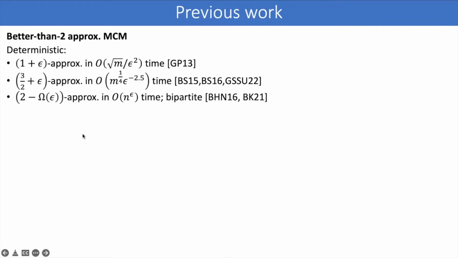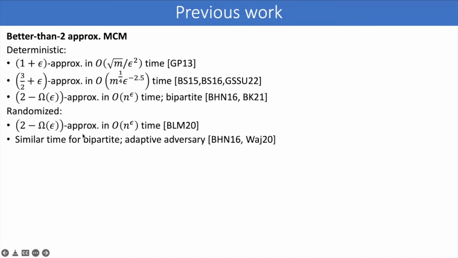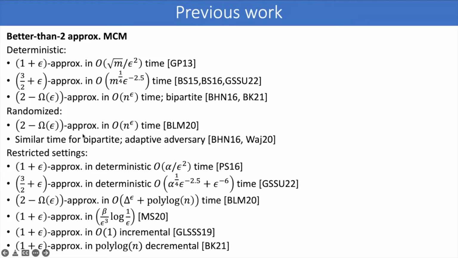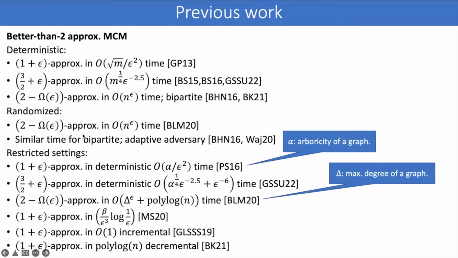Another problem of interest is a better than 2 approximate MCM. We have several deterministic algorithms with different trade-offs. There are randomized algorithms for general graphs and also for bipartite graphs under adaptive adversaries. For the restricted graph families, we have several results for bounded arboricity graphs. There is also a trade-off for bounded degree graphs.